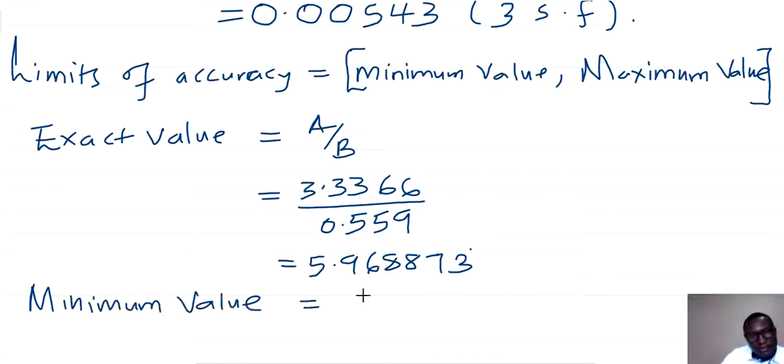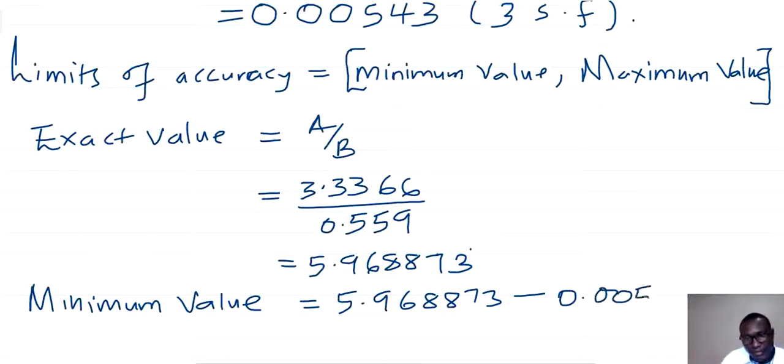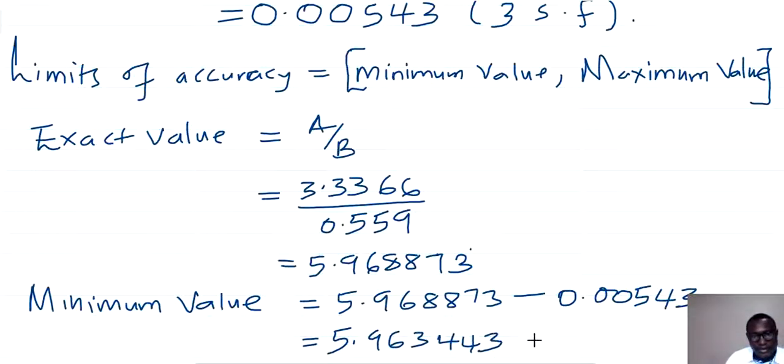It is got by taking the exact value, 5.968873, minus the absolute error, 0.00543, which gives 5.963443. This is our minimum value.